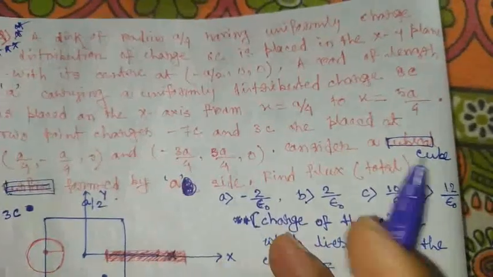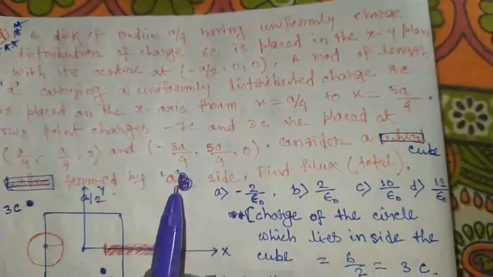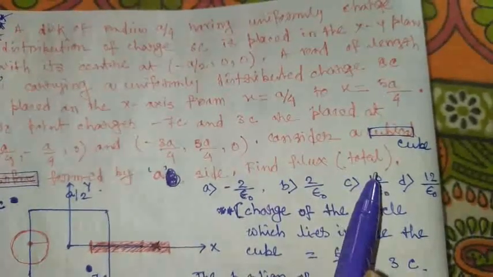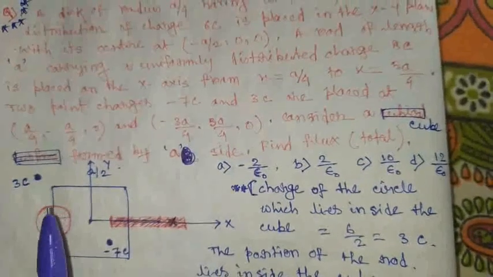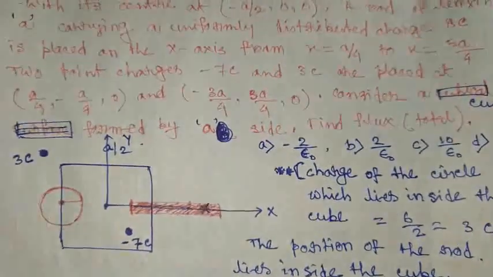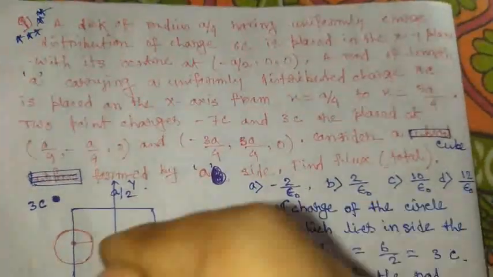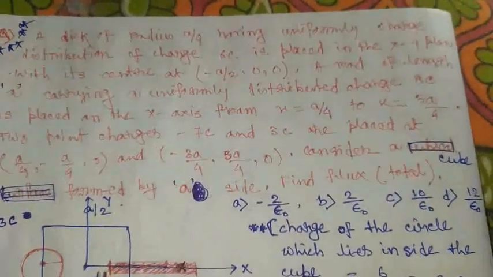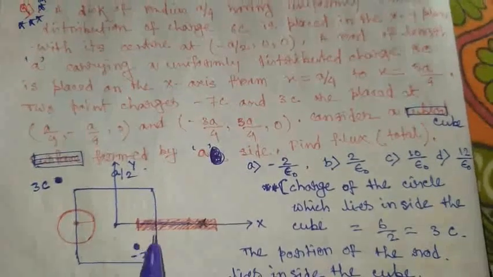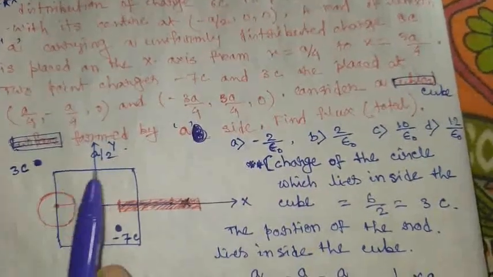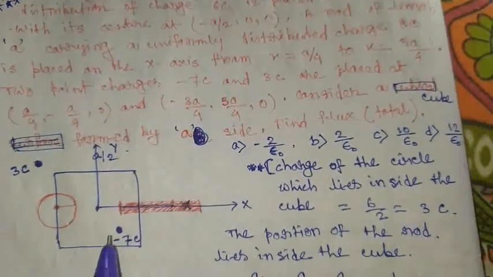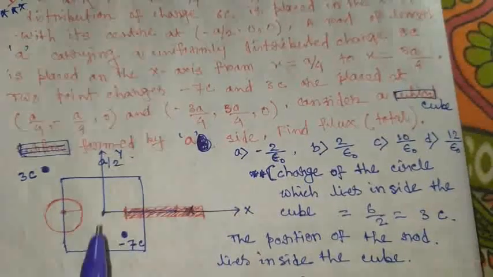Now consider a cube of side a. You are asked to find the total flux from this cube. So now we try to figure out what the question says. We have taken a cubical surface of side a and we choose the center here.